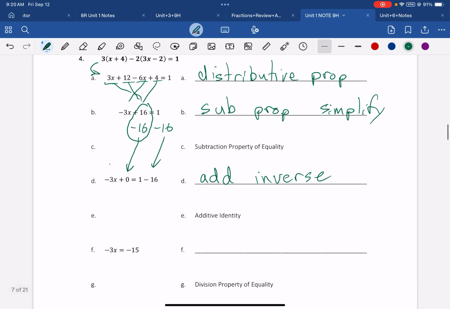And now they want us to apply the additive identity, so that means we need to write everything the same except the 0 disappears. Next up, they want us to actually solve that, so that would be a substitution property, also known as simplify.